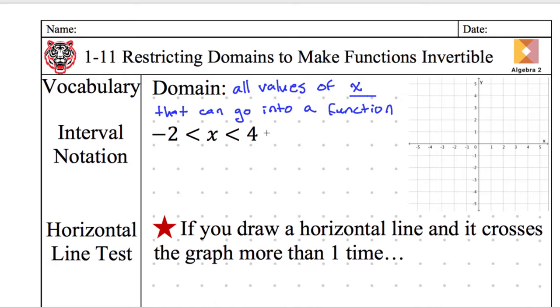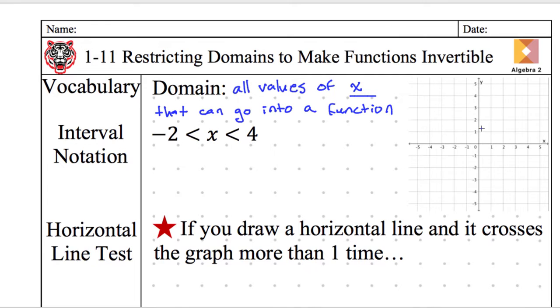Range is y, domain is x. By restricting the domain, we're saying, hey, you're not allowed to plug in that number. So James, you can't plug in -10, for example. I'm restricting the domain by saying he can't plug in -10.